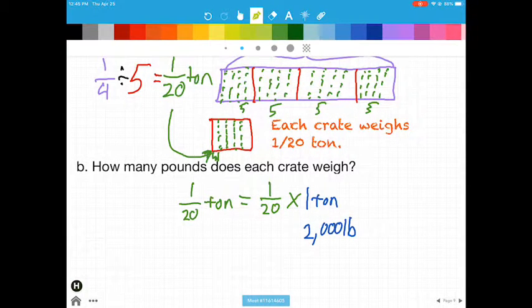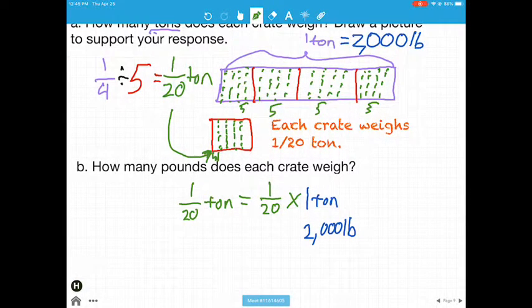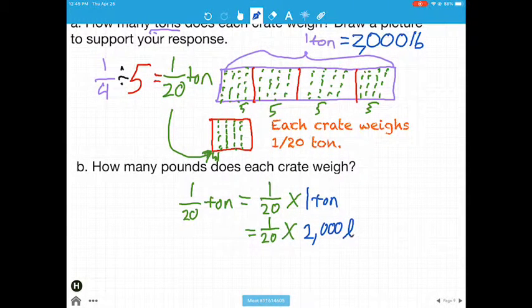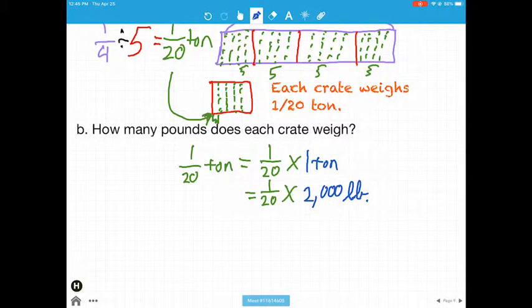Again, if you don't know it, you can look it up. Our 1/20 is going to be the same. By the way, this is an LB. A lot of times with the LB, they like to fancy it because they don't want it to look like this, like mine did. Libras. Okay.